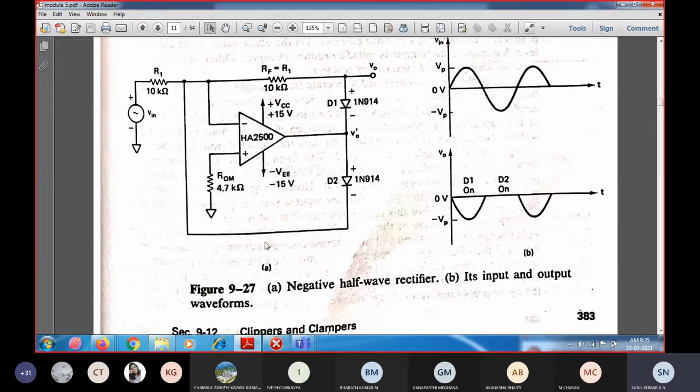The output of the op amp through diode D2 is forward biased and is given to the inverting terminal, and hence the output at the inverting input is going to settle at ground, and the output is going to be zero.